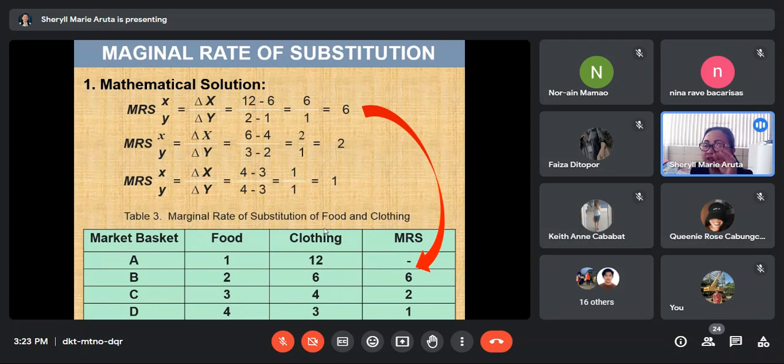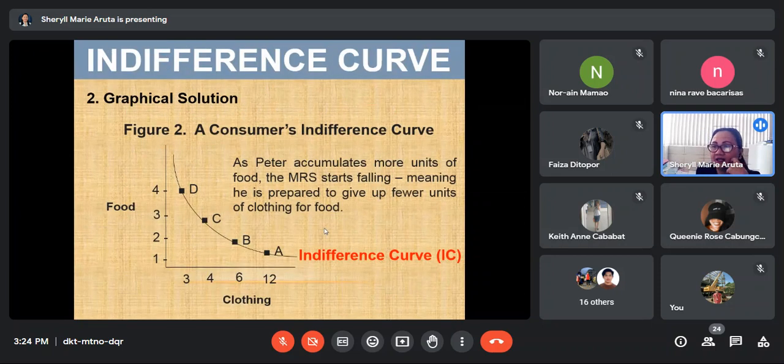So from the idea of marginal rate of substitution, as Peter is willing to give up clothing, his food is gaining. His clothing decreases while his food increases. We use the marginal rate of substitution formula to see how many units Peter gives up just to increase the units of food. Okay, so having that said, this is the graphical solution of Peter.